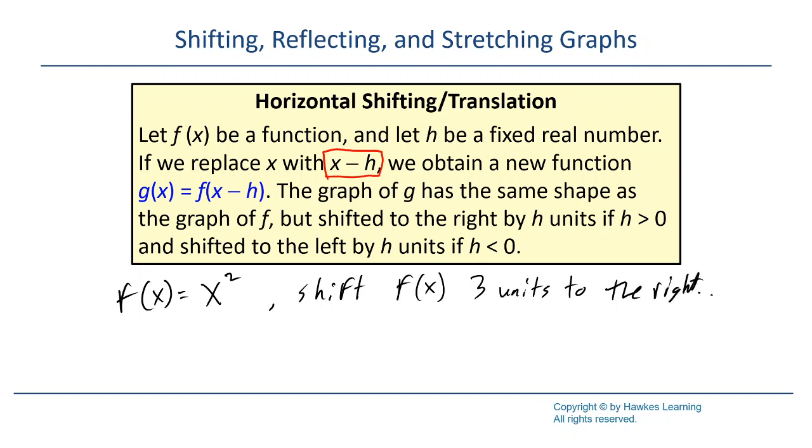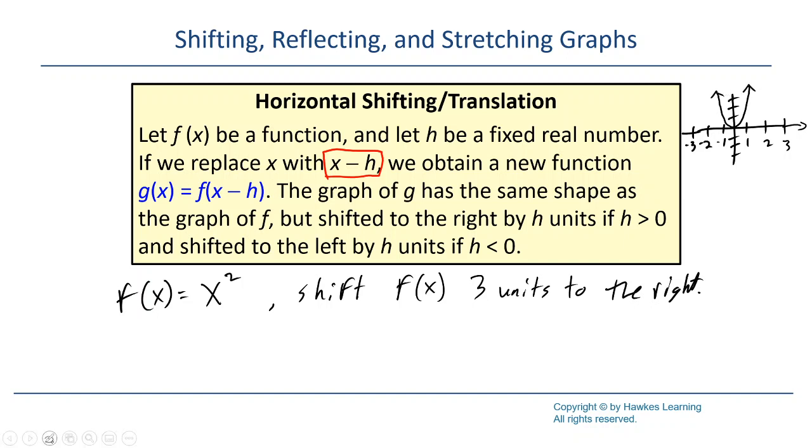And this is what I mean by it's a little backwards from what you would think. Because if you think about, here's your xy plane. There's 1, there's 2, there's 3. And there's -1, there's -2, and -3. I'm not going to mark these because we're dealing with horizontal right now. If I want to shift x squared 3 units to the right, so typically x squared would look something like this.